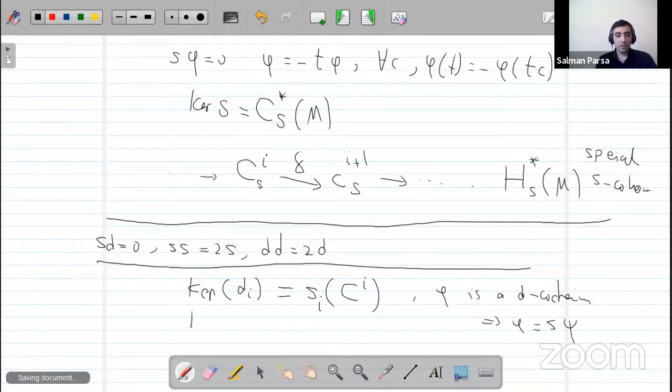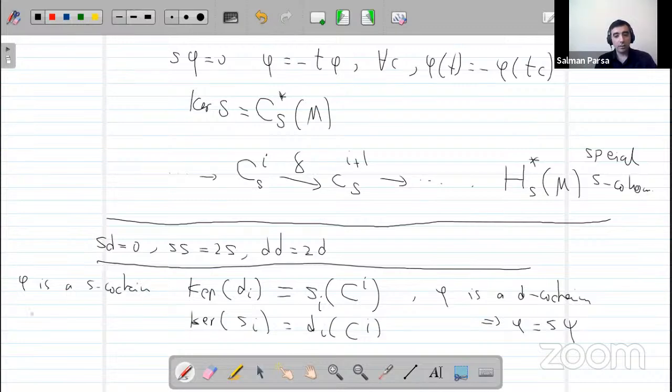And similarly, the kernel of S is the image of D in dimension i, which means that if phi is an S cochain, you can write it as D of something.